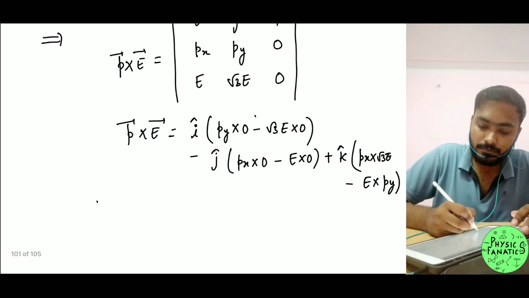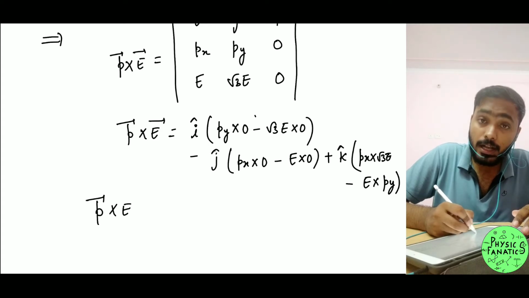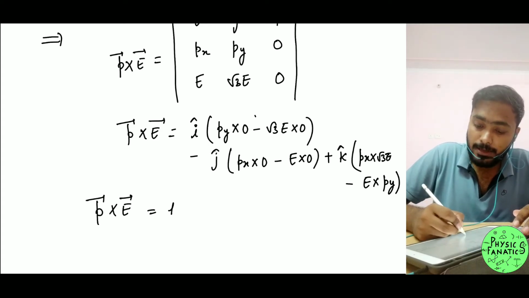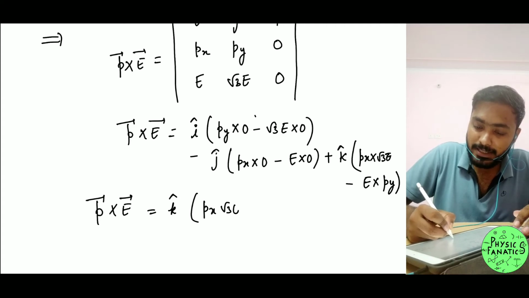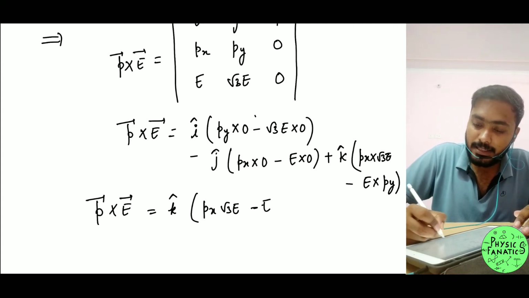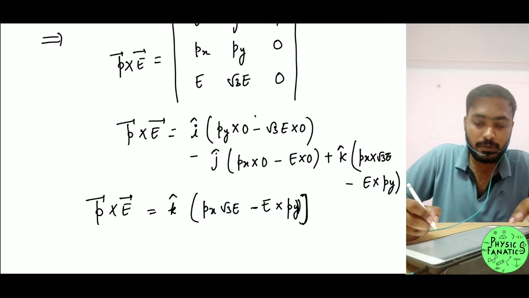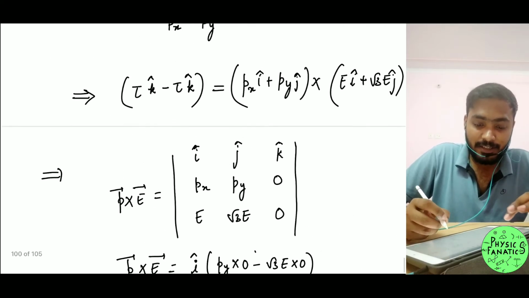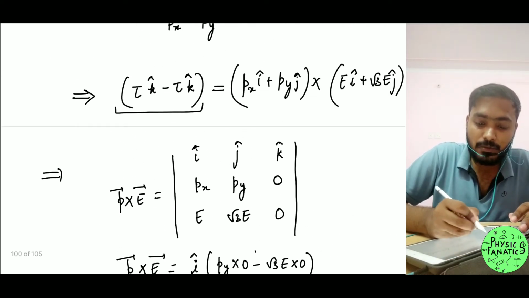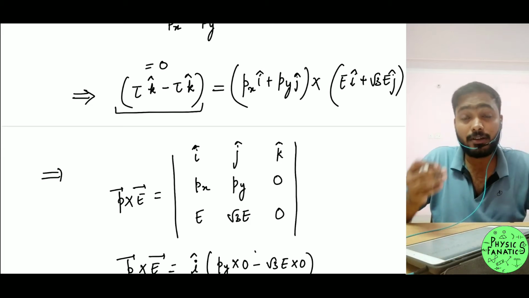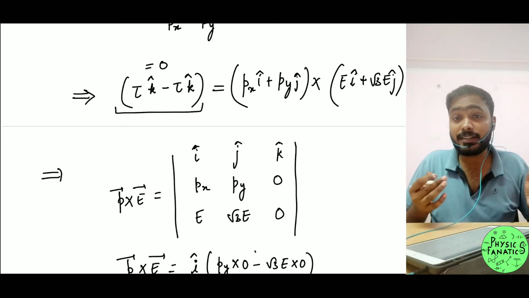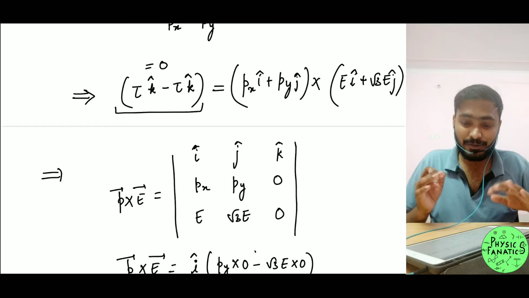So obviously the value of P cross E comes out to be k cap times Px multiplied by root 3 E minus E multiplied by Py, right? I hope that is understandable. Is that a yes or no? Great. Now that equals 0, because your torque is equal and opposite. The net torque is equal to 0, right?